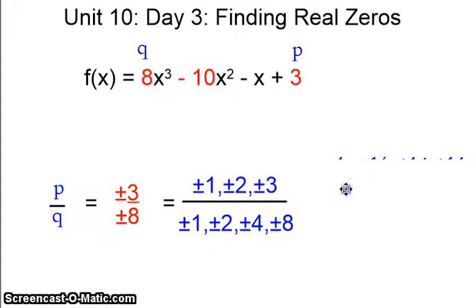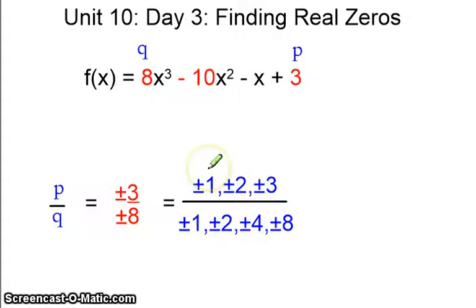In other words, these numbers are completely divisible into 3, and these numbers are completely divisible into 8. So in order to come up with possible real zeros, all we have to do is list all the possible combinations of a number from the numerator and a number from the denominator.